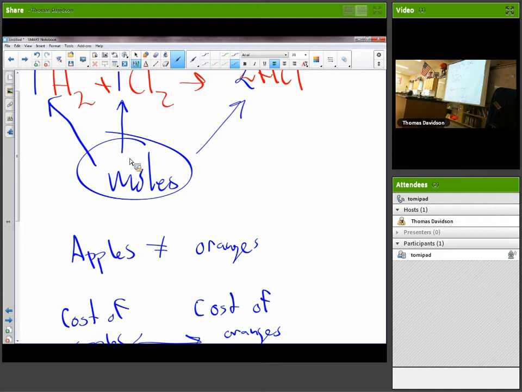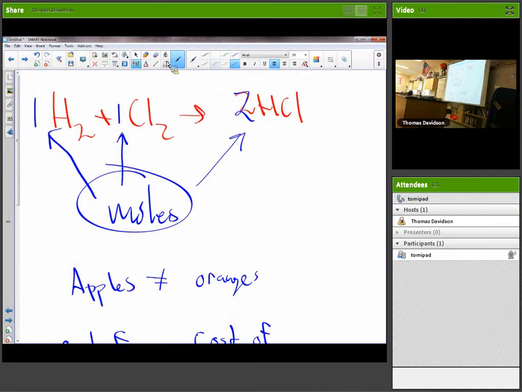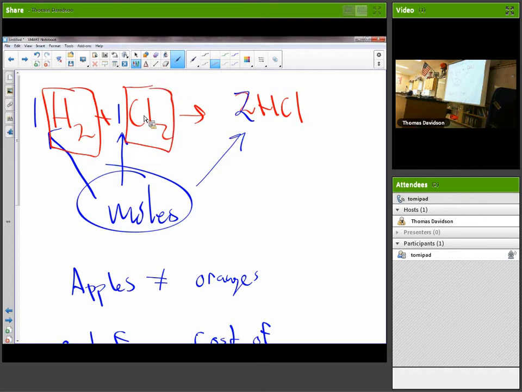Is everyone all right with that little analogy? We can't compare them to each other unless we get them both to moles. Now, just one little extension of that. If we had the mass of H2, would it equal the mass of Cl2?